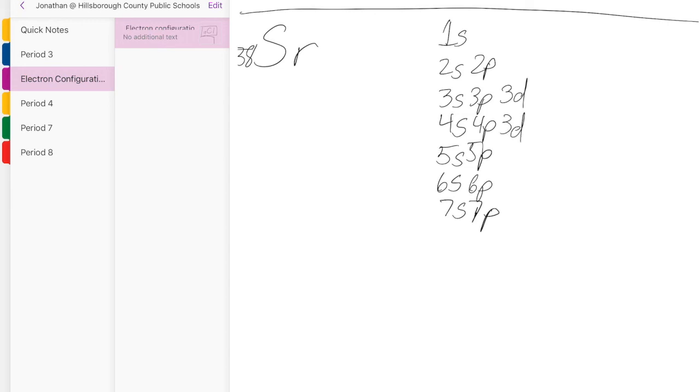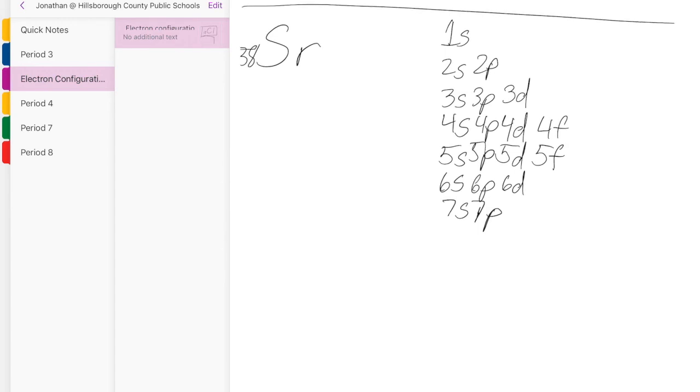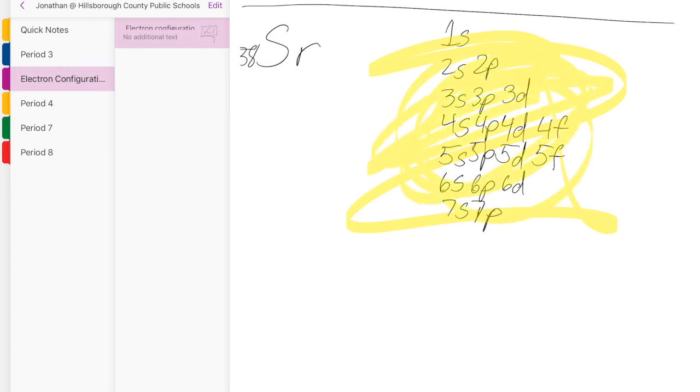Oh, let's change that to a 4d, 5d, 6d. And then we've got 4f and 5f. Now I'll explain to you why it's like this once we get back in class. It's something I have to talk to you about in person. But we're still going to use this diagonal method for every single one that we do.